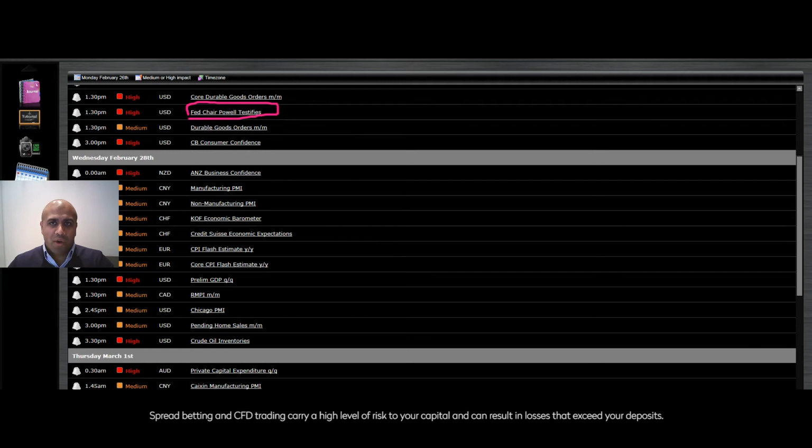And this is going to be an important one because this is the new Federal Reserve Chairman. The chairman used to be Janet Yellen, and now Powell has taken that spot. So a lot of traders will be interested to know what his views are on the Federal Reserve policy and whether they're going to be increasing interest rates or keeping interest rates on hold, or even decreasing interest rates, which the market is not expecting.